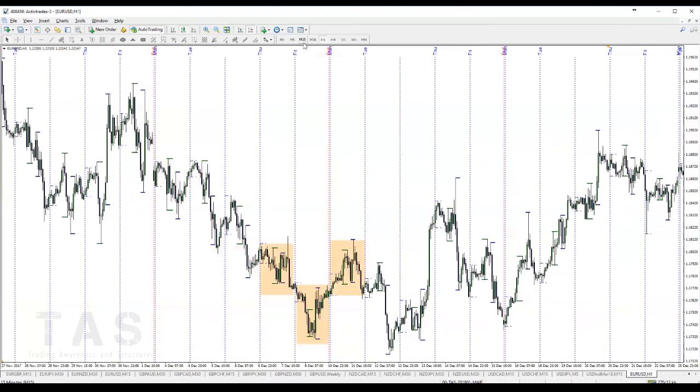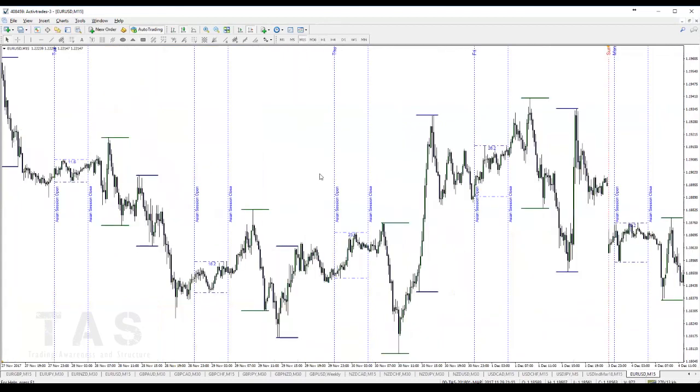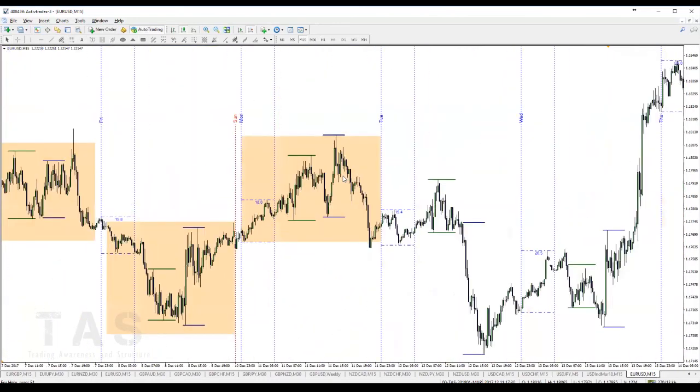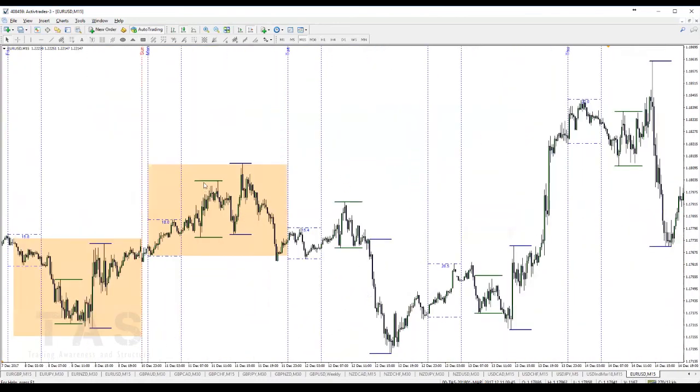Let's go into the 15 on the 12th, December 12th. Okay. So here you had a turtle soup down, took out these stops.